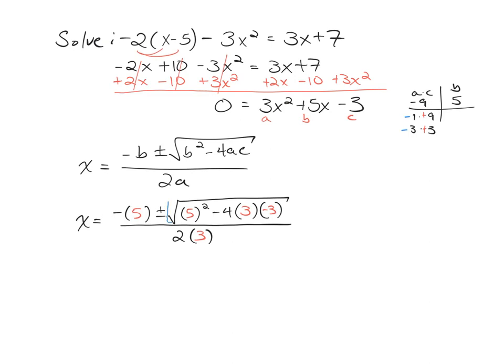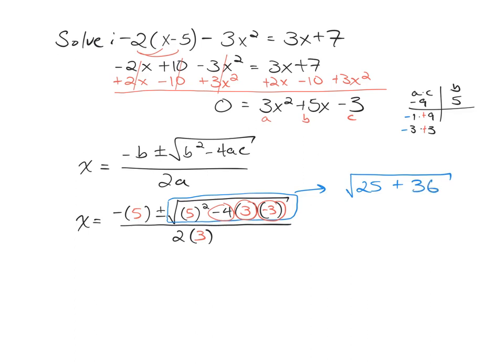And again, I'm just going to simplify the square root as best I can off to the side here. So the square root of 5 squared would be 25. And then when I look at these three numbers, negative 4 times 3 times negative 3, that gives me a positive, what is that, 36.